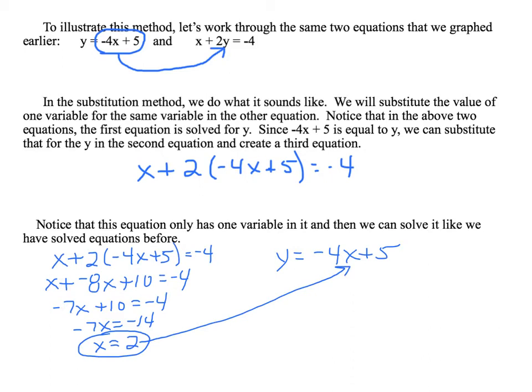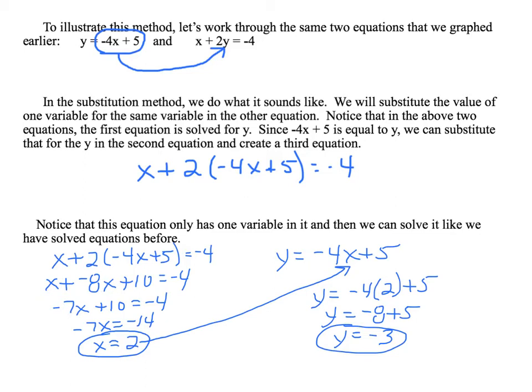So I'm going to put 2 back in there and solve this for y. So I have y is equal to negative 4 times 2 plus 5, or y is equal to negative 8 plus 5, which means y has to be equal to negative 3. So I have (2, -3) as a solution.